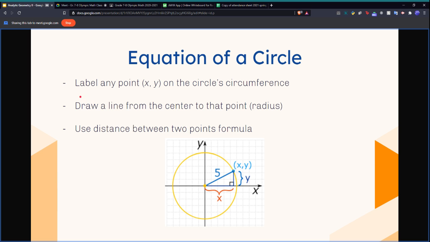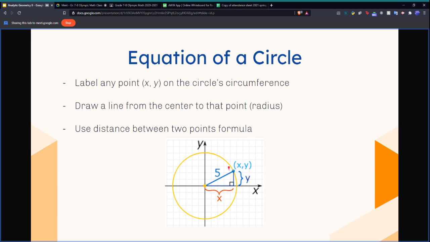First thing we do is label any point x comma y on the circle's circumference. Say in this diagram we had x comma y over here. The next thing you do is draw a line from the center to that point x comma y. That distance is just the radius.